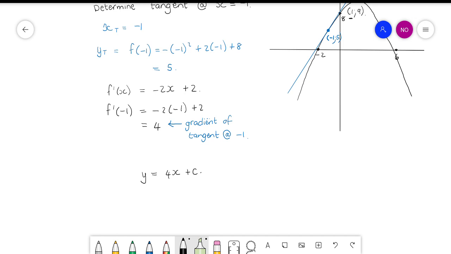Ek het 'n punt op die lyn, so ek gaan stel hom in. Okay.